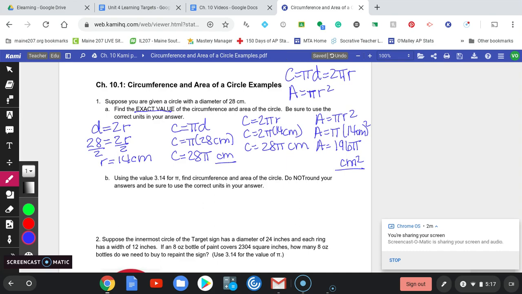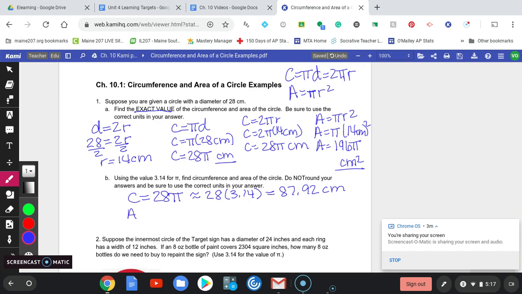Some of the problems on Alex are going to ask you to use 3.14 for pi. You would proceed on those problems just the same way we did with the exact value. Here we had that circumference was 28 pi. So when Alex asks you to use 3.14 for pi, you type that in on your calculator and you get 87.92. And the units are still centimeters.